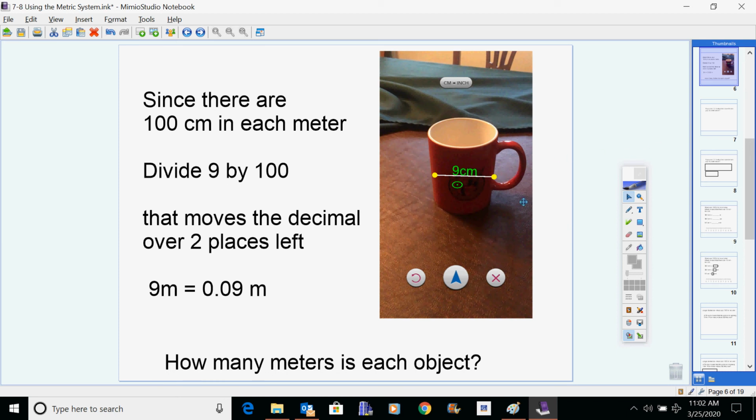Everything is based on a power of 10 when we deal with metric, so you're really only going to be bumping decimal points left or bumping them right, but make sure that you have a context for it so that you're thinking correctly and figuring out whether you're going to multiply or you're going to divide.